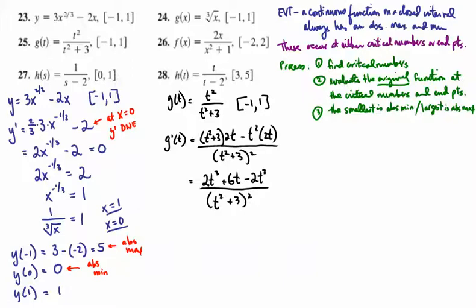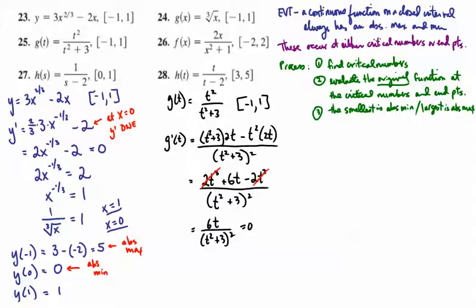T squared plus 3 to the second. Alright, so when those go away, we have 6t over t squared plus 3 to the second power, and we're ready to set that equal to 0.